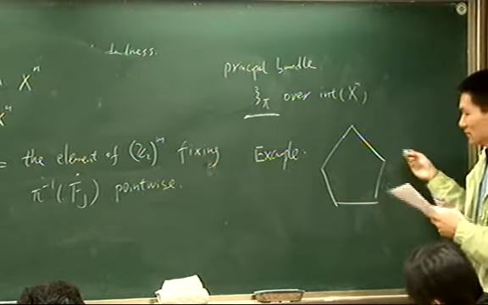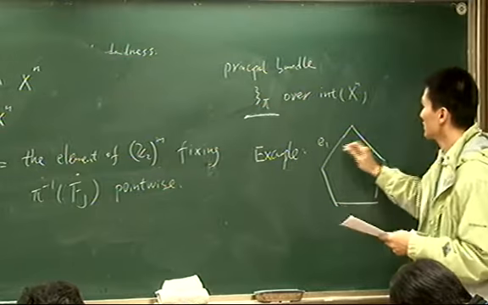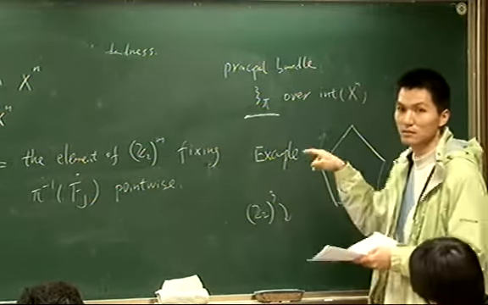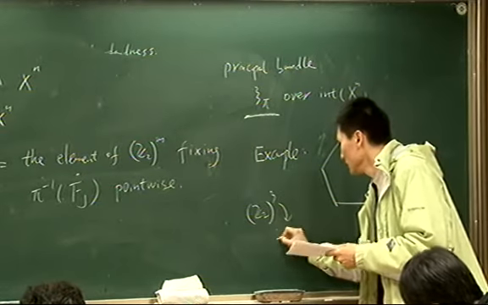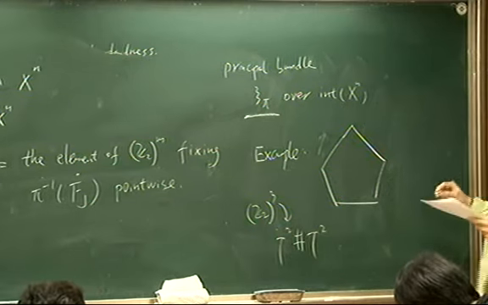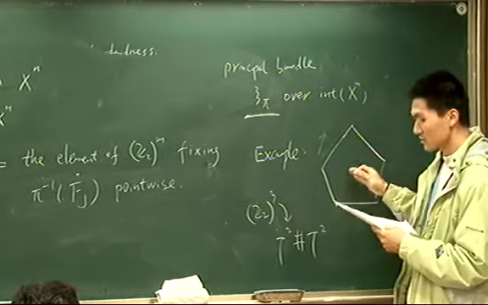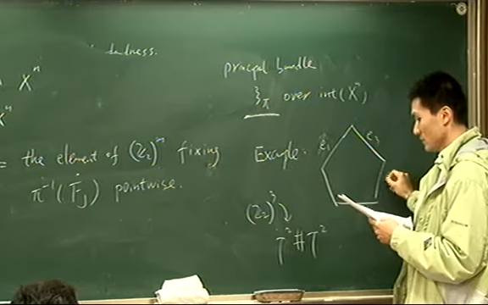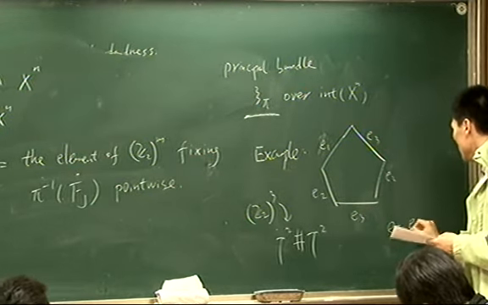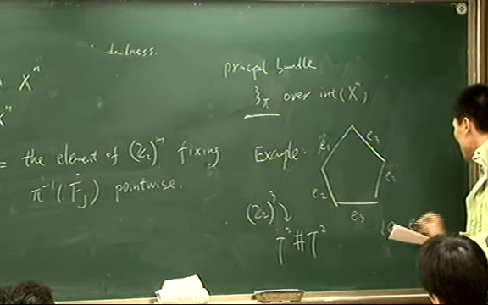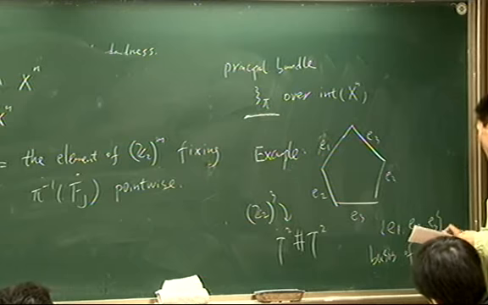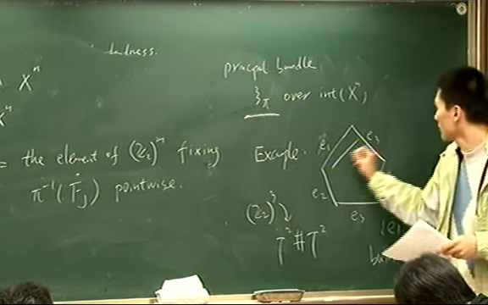Suppose we have a pentagon, and a locally standard Z2^3 action on the connected sum of tori, and then the orbit space could look like this, with labels e2, e3, e2, and then e1, e2, e3, a basis of Z2^3.